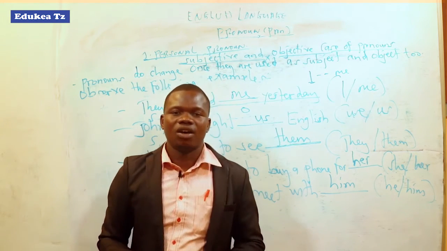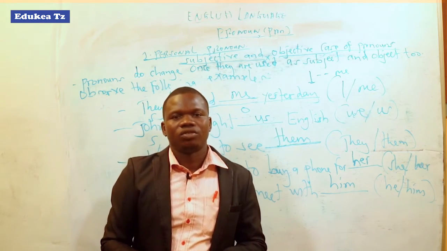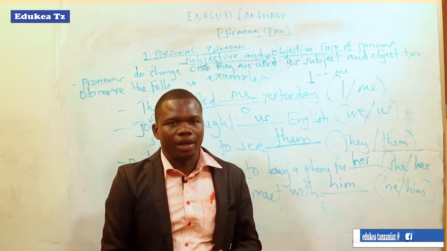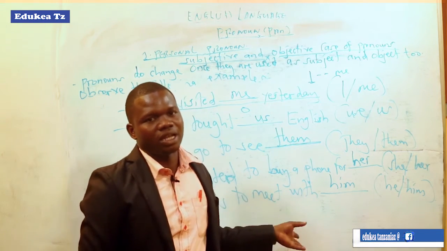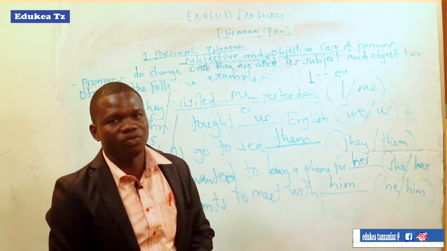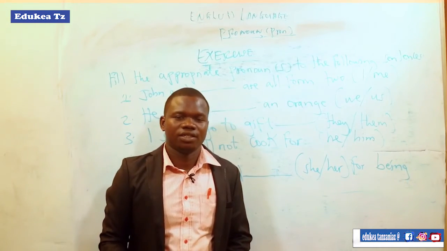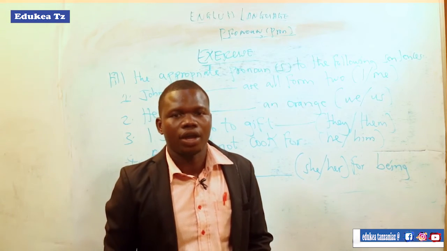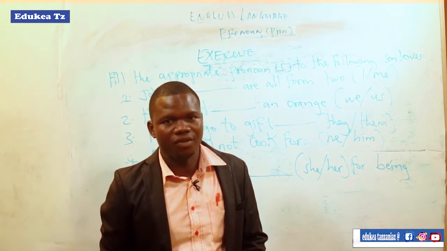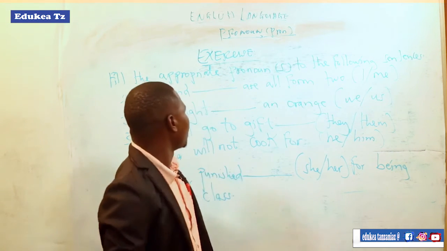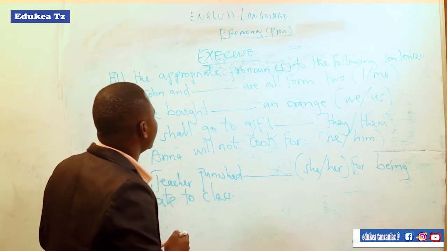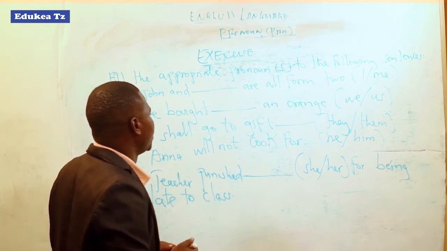Let us now have a task which will give us more explanation about the subjective and objective case of pronouns. After the discussion about the subjective and objective case of pronouns, let us now have an exercise involving that part. Fill in the appropriate pronoun to the following sentences.